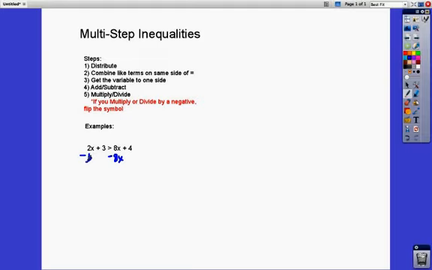So we subtract it from the 2x. Okay, so 2x minus 8x, we're subtracting a big number, so it's a negative 6x plus 3 is greater than 4.